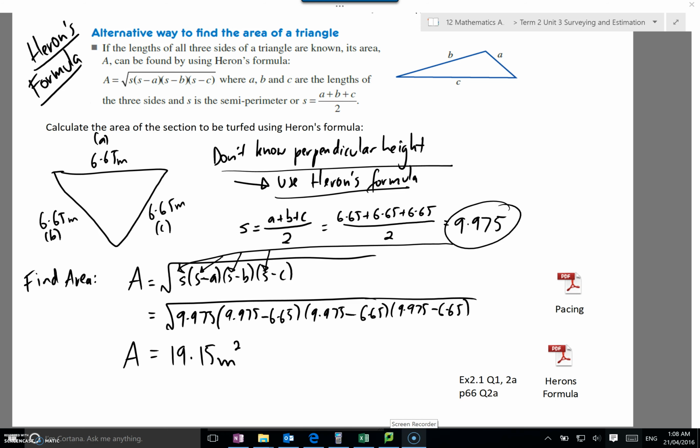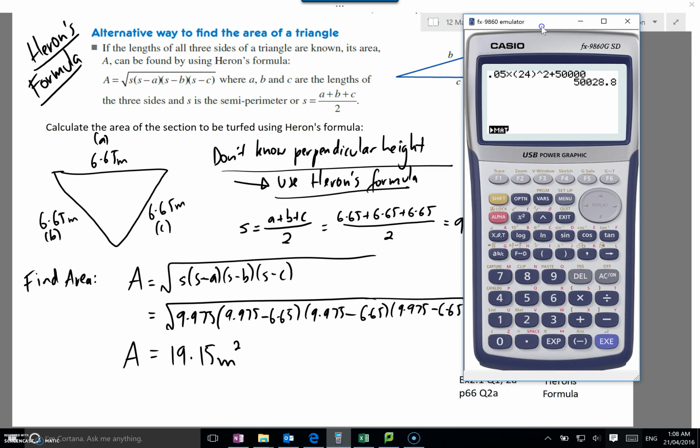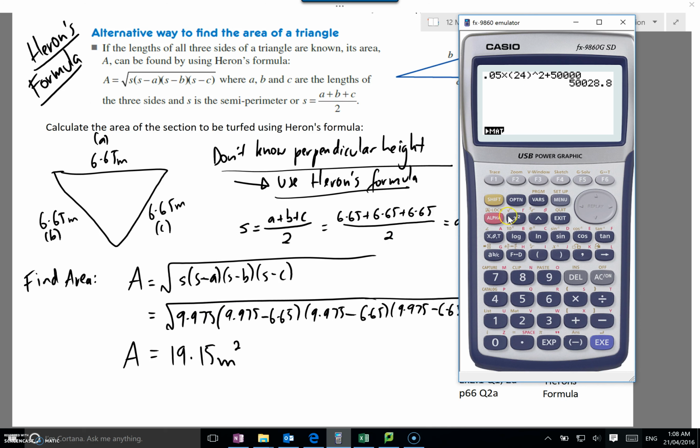Doesn't matter which one's a, b, or c. Okay, we'll go into the other part of the formula. Okay, substitute them all in, type it into your calculator. Just to show you how to type this in case you got some issues.